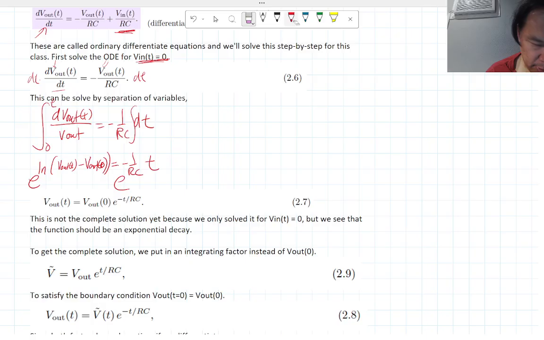Okay, so you exponentiate both sides, get rid of that, and so you end up with V out as a function of time minus V out at time equal to 0, whatever that initial output voltage is, equals e to the minus t over RC. Solve this for V out.